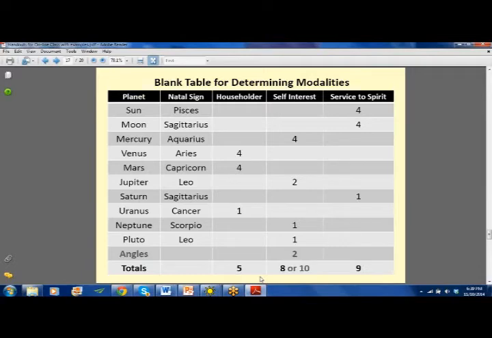Because I could see if they were all lumped over toward the cardinal and there was very little in fixed or mutable, that would be a really strong indication. But when they're spread evenly across the board like that, I'm not sure.